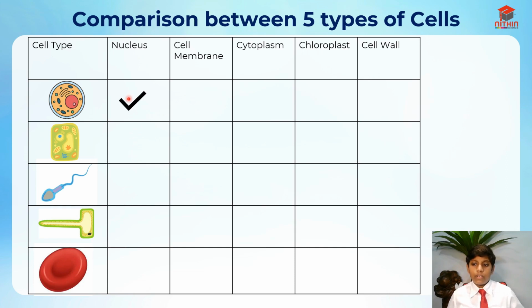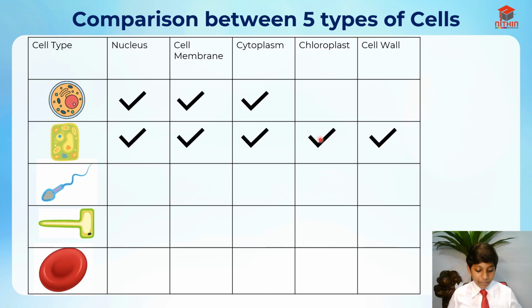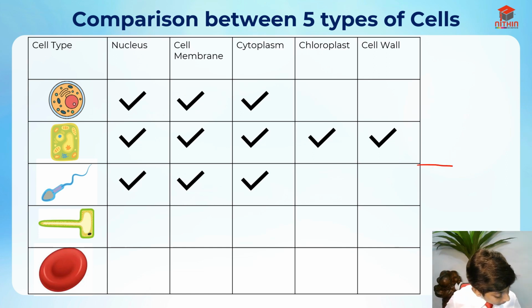For the cheek cell, there's a nucleus, a cell membrane, and a cytoplasm. The leaf cell has all the parts: the nucleus, cell membrane, cytoplasm, chloroplast, and cell wall. The sperm cell has a nucleus, a cell membrane, a cytoplasm, and an extra part, which is the tail, or the flagellum.